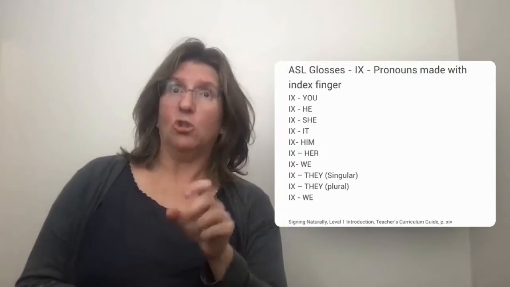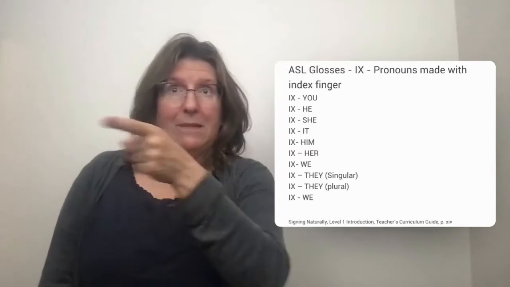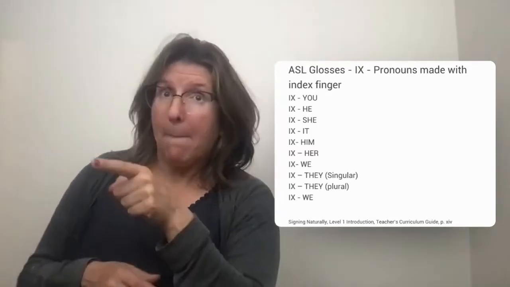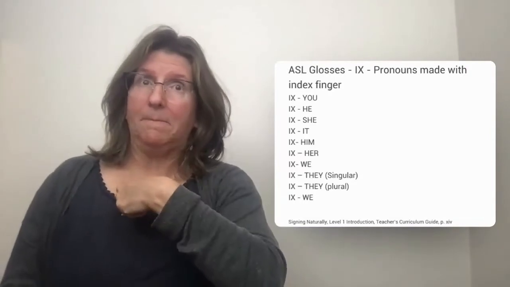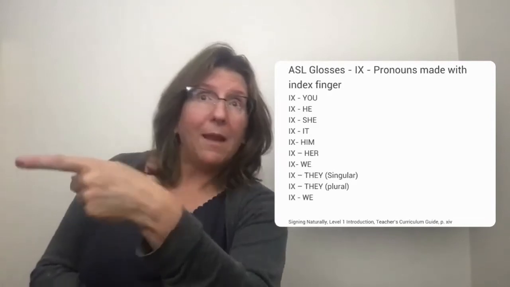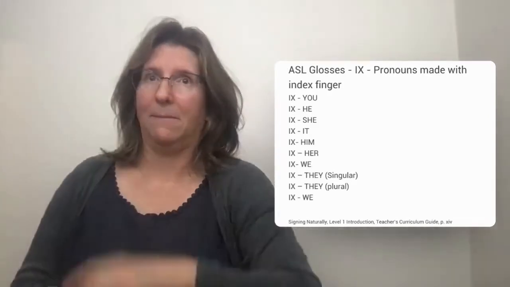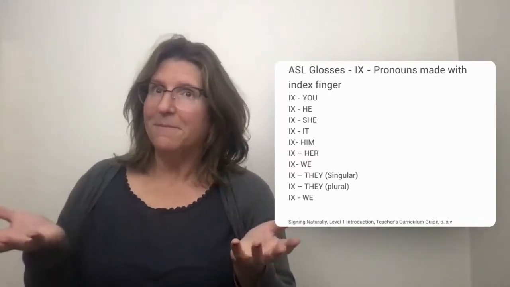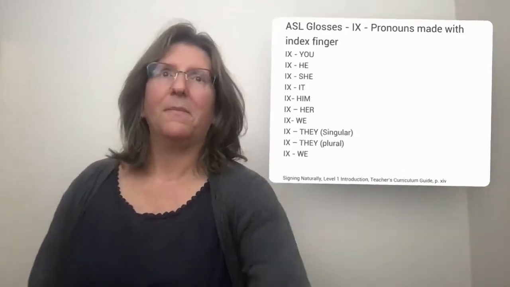In ASL, the index gloss can mean you, he, she, it, her, him, just from one finger. With a change of motion, that index gloss means we, they, and it could be they singular and it could be they plural, as well as the sign we. In ASL, the motion is different, but the index hand shape is the same.